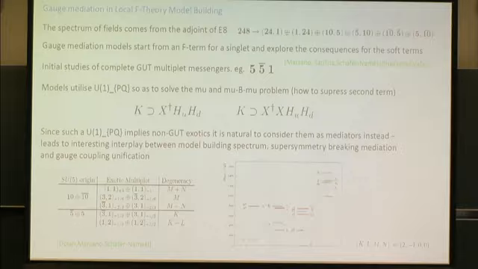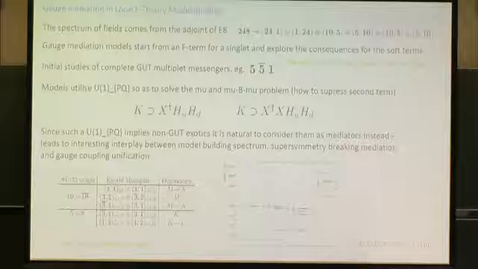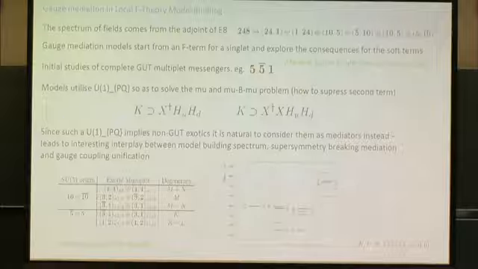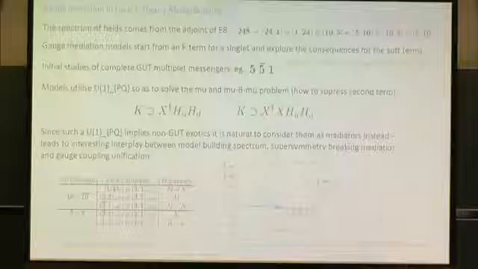And I think this is quite nice, because if you study this, then you find an interplay between the fluxes and the spectrum in your theory and the soft terms that you get from supersymmetry breaking. So this is an example. This is the spectrum of fields that you have in your theory. These integers are the fluxes that you may turn on.